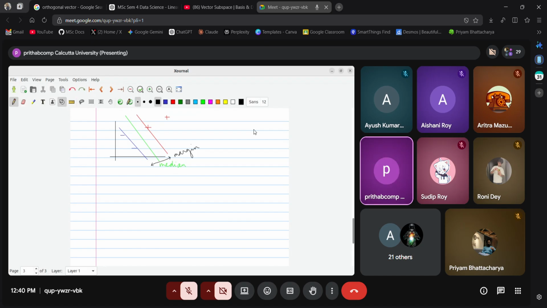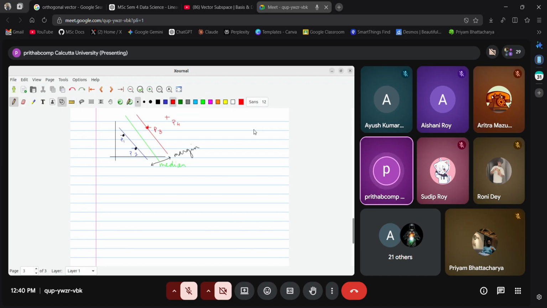Now let's name these points. Let me say this is P1, this is P2, this one is P3, and this is P4. You see that this point P1 is on this boundary, and this is also on this boundary.